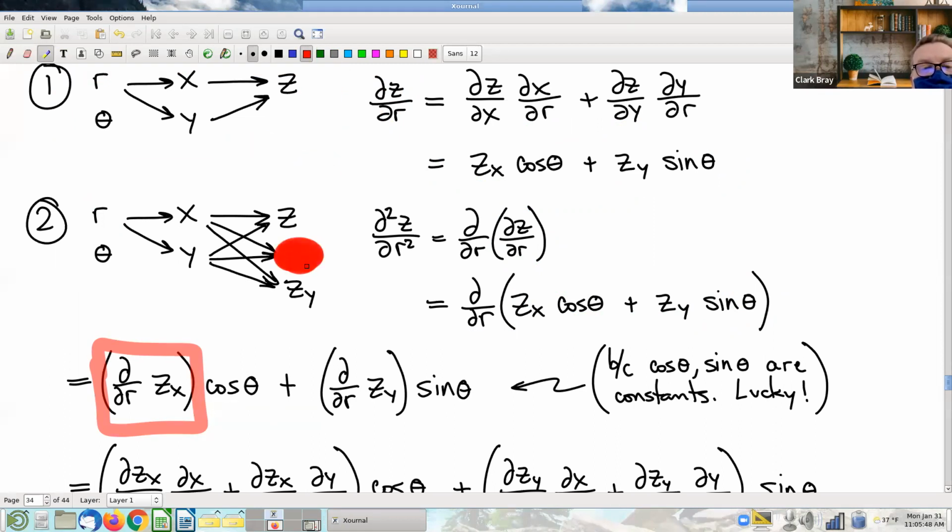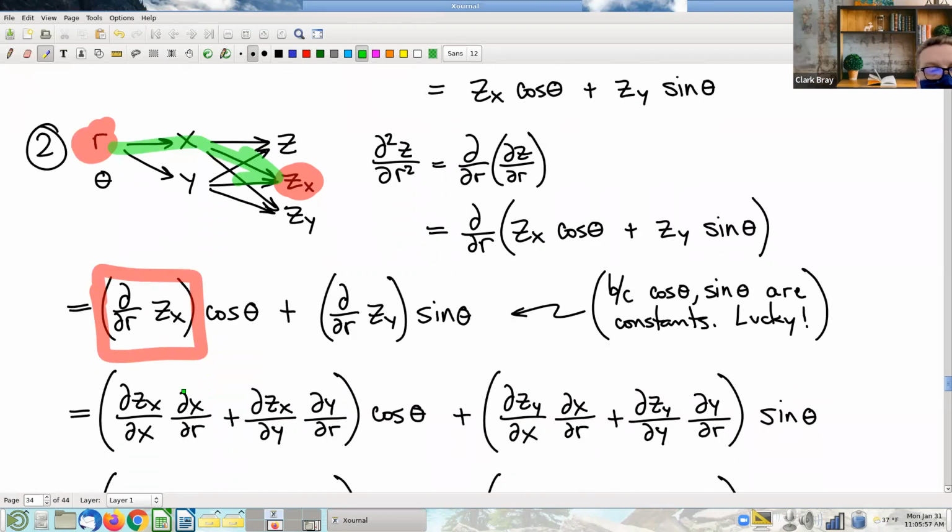Now there's Z_X and there's R. And I can see right away that there's two terms. Apparently X is an intermediate variable, thus giving me that term. And thank you diagram, Y is an intermediate variable, and that gives me that term. So just straight up intermediate variable chain rule.